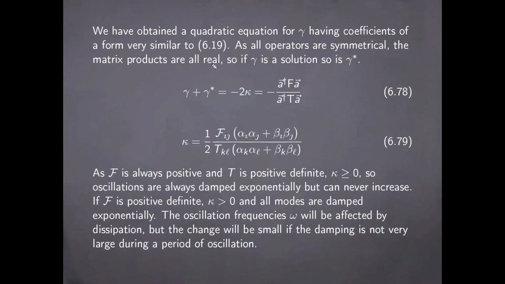And we see that these are in effect quadratic equations for gamma, having coefficients of a form very similar to what we have seen back in equation 619. And as all operators are symmetrical, the matrix products are all real. So if gamma is a solution, so is its complex conjugate.